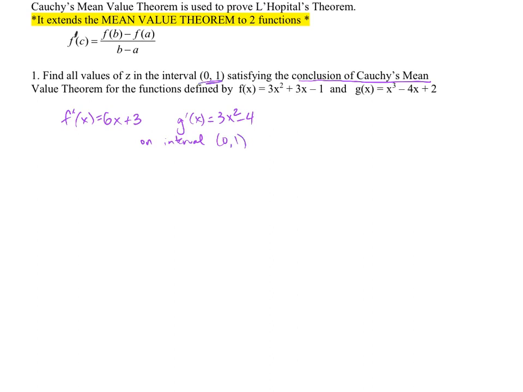So we need f of 1 minus f of 0 over g of 1 minus g of 0. And we need to satisfy this. Remember, we're finding z, so I need to plug f prime of z in here, so I get 6z plus 3. I need to plug g prime of z in here, so I'll get 3z squared minus 4.